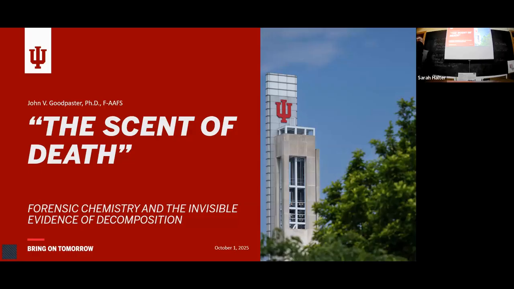So we know, for example, and this is really relevant here, what kind of volatile compounds come out of you when you die. The moment you die, everything stops, all your living processes stop, but microbiological processes begin. And that whole process of decay and decomposition is something that people spend a lot of time and energy studying.